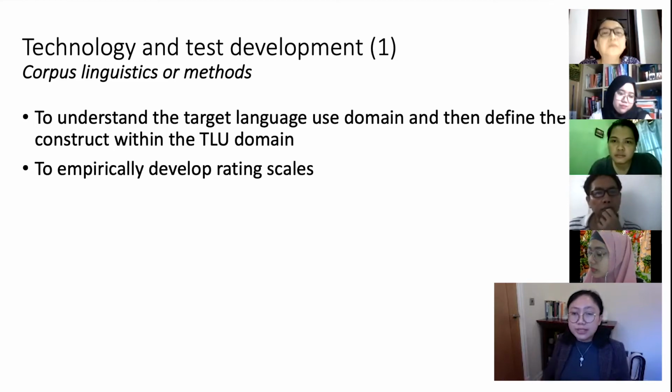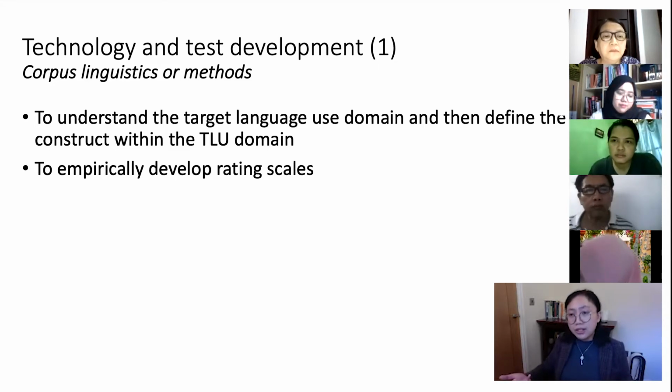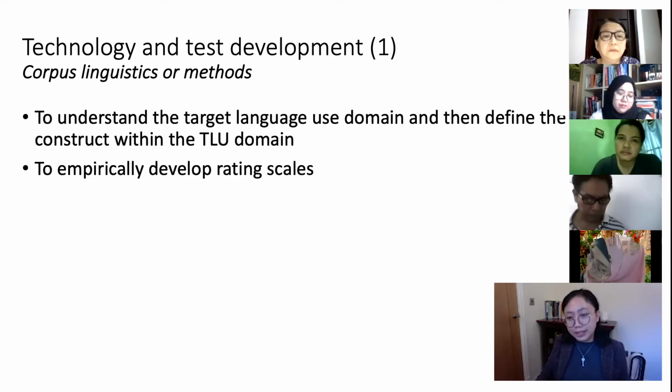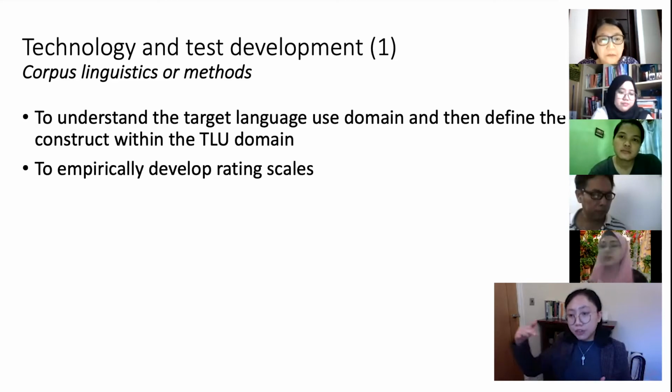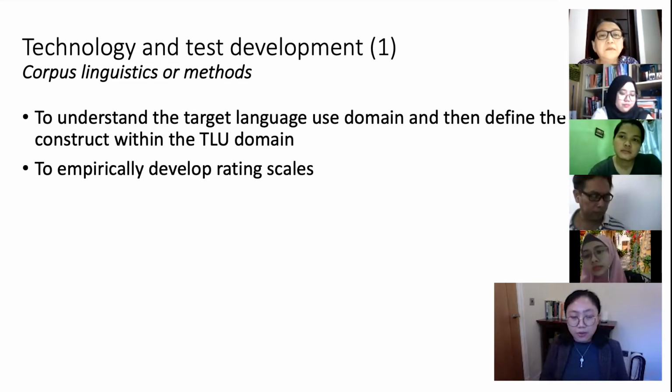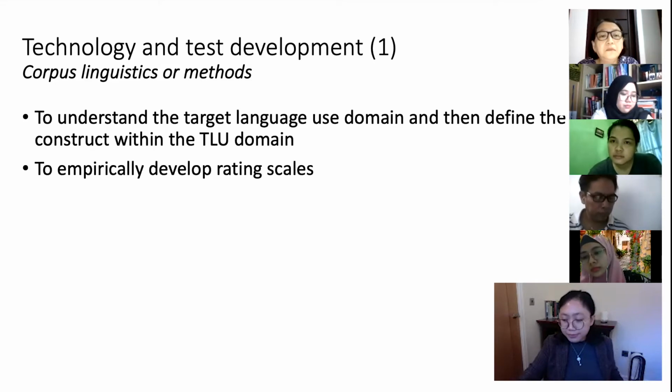So by using learner corpora, you'll be able to understand the common mistakes that learners at different proficiency levels usually make. So later, your rating scales, hopefully, will be able to better reflect the different levels of proficiency or achievement of that particular test, okay?